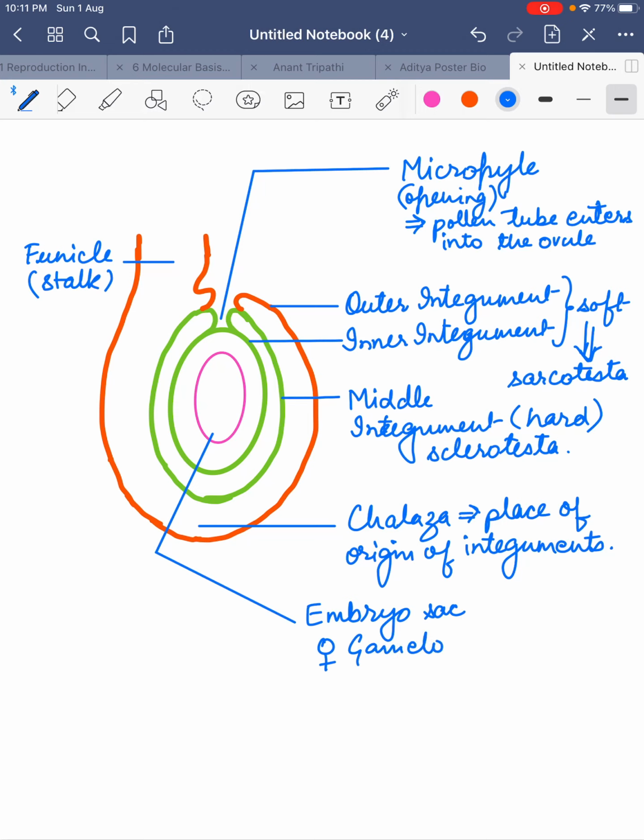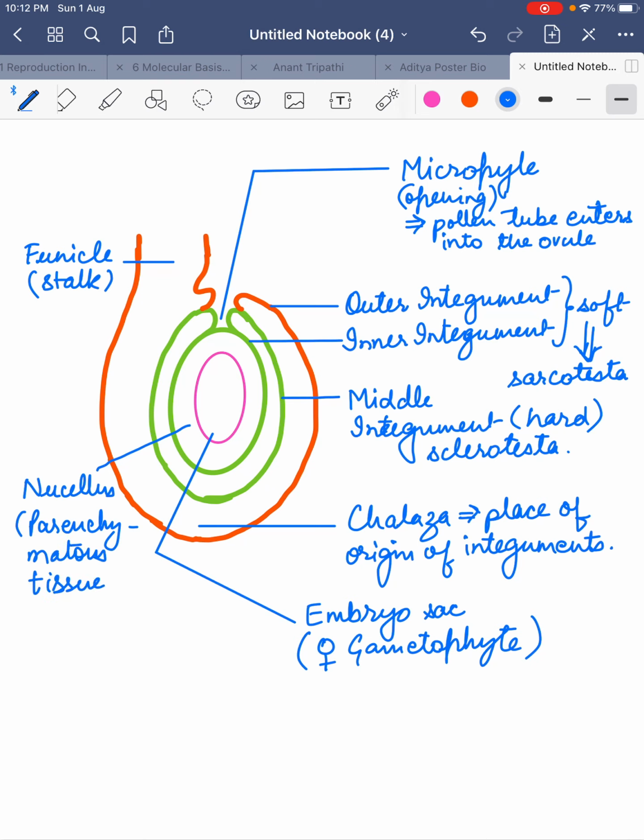And outside the embryo sac, there comes the nucellus. Nucellus is made up of parenchymatous tissue, and it gives nutrition to the embryo sac.